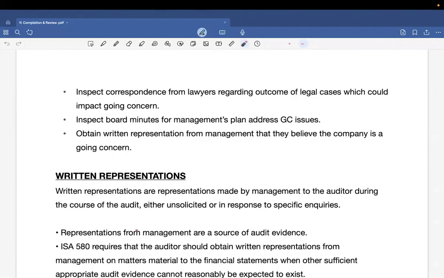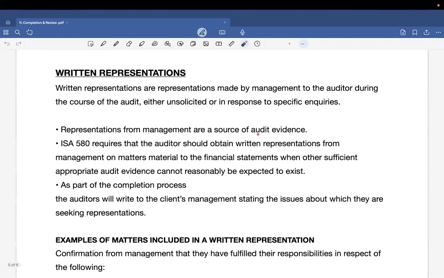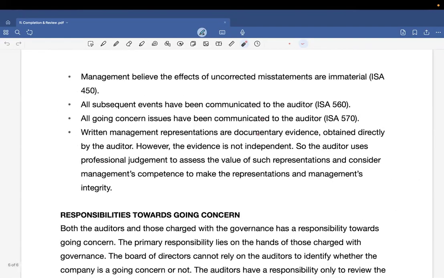Next, you're going to inspect the board minutes, in order to ensure that the management has correct actions in place to attend to the going concern issues. And lastly, you're going to obtain written representation from the management on their assumption of the company being a going concern. Clear?